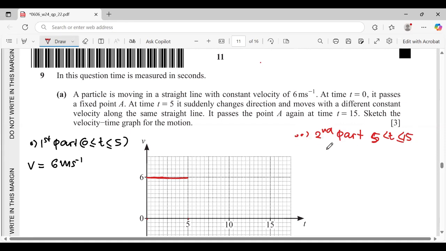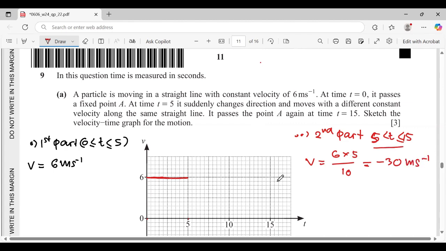On this part, the velocity becomes 6 times 5 divided by 10, as long as 10 seconds. So actually this is 30, but based on this information, it suddenly changes the direction, so the velocity becomes minus 30 meters per second.